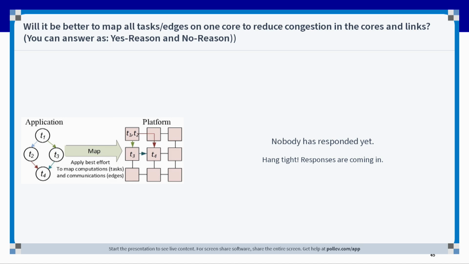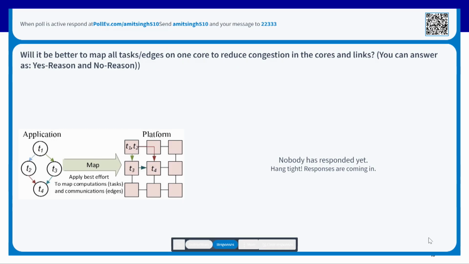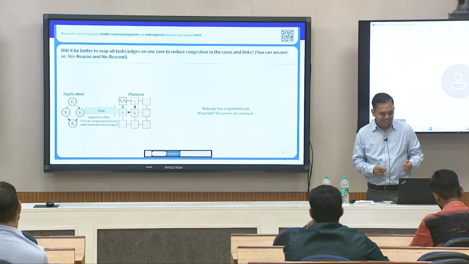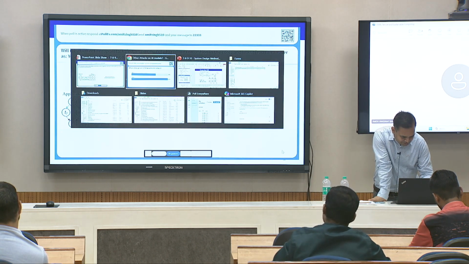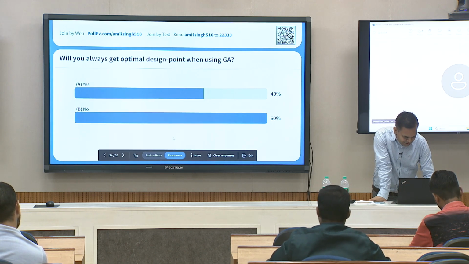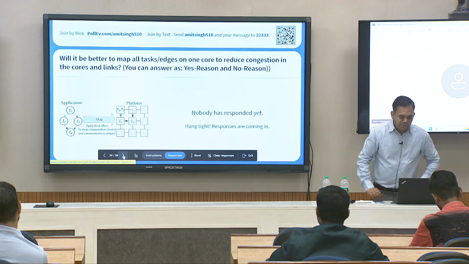Now I am saying, if you really want to reduce the congestion, why not map all the tasks onto one core? Do you think it will be better to do that? No? Okay, let me hear your thoughts.